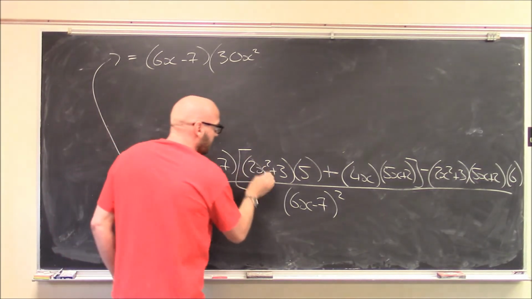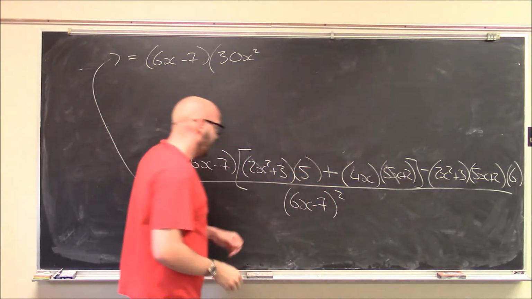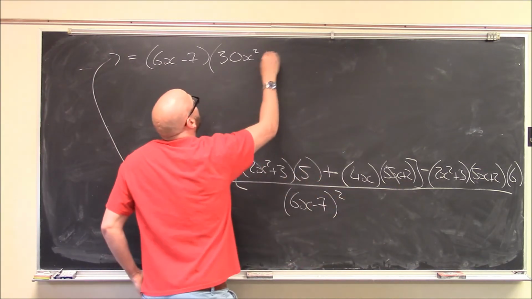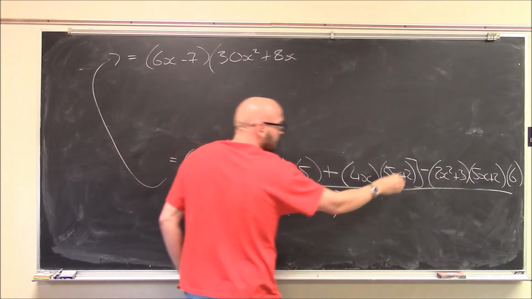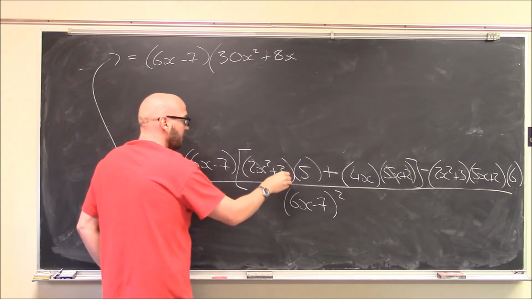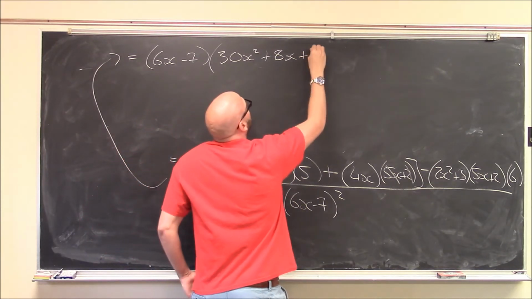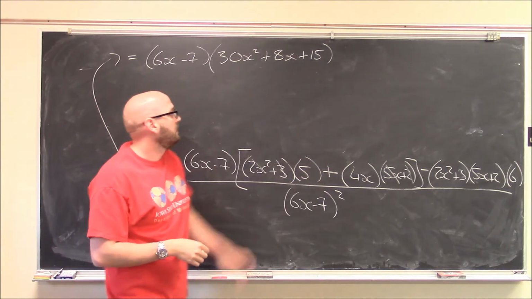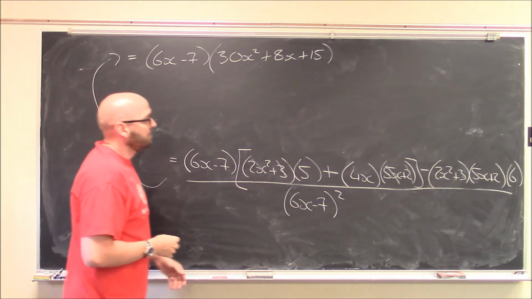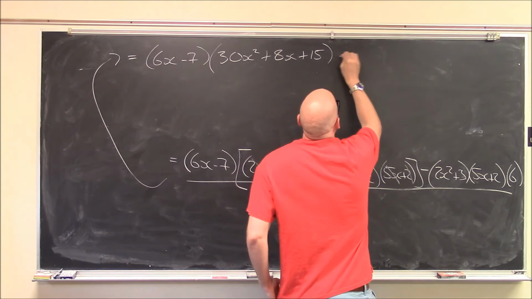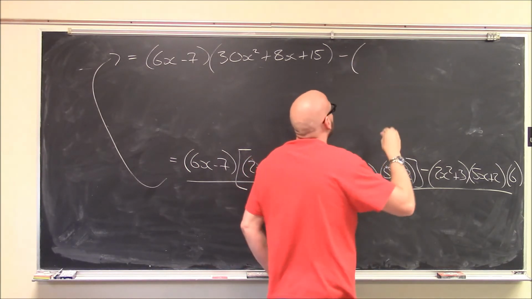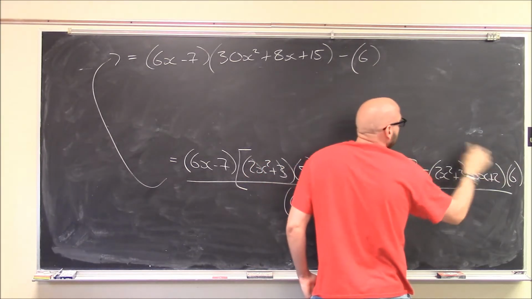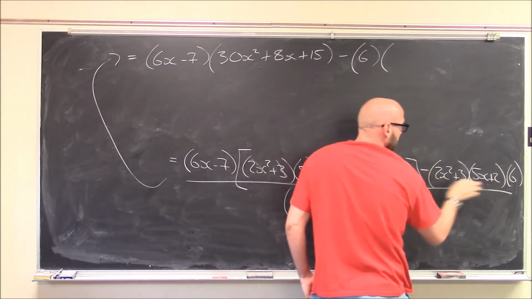So we've taken care of the x squareds. We've got plus 8x. We've taken care of those terms, and then we've got plus 15. So that is all of that grouped together and expanded out. Then we've got minus, it looks like here we're going to have to start FOILing, but I'll write the 6 out front. So minus 6 times, we'll just FOIL these two things out.